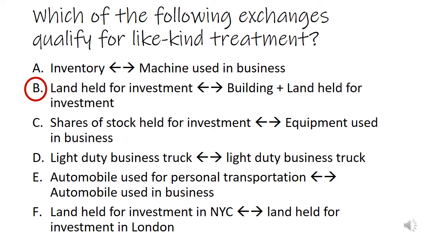Item E doesn't count for the like-kind treatment because it deals with personally owned property. And item F looks like it might be a like-kind real property transfer, but it's disqualified because you're trading a domestic property for an international property.